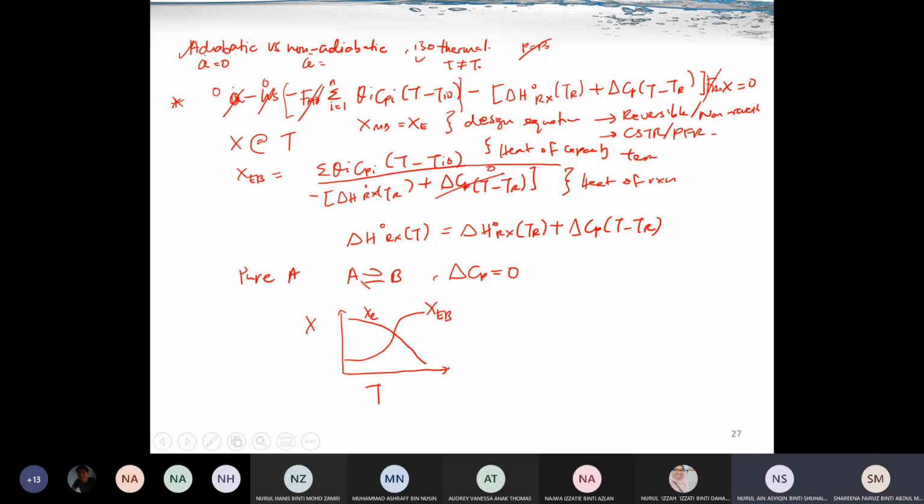X E depends on whether it is endothermic or exothermic, so the curve would be different.